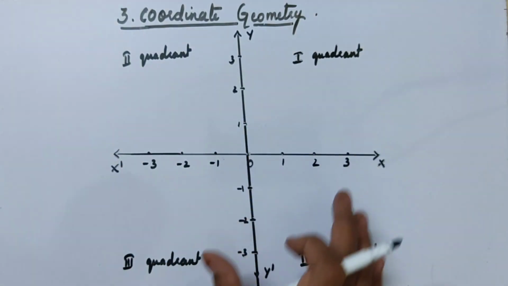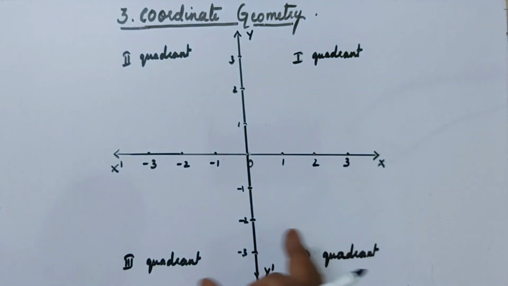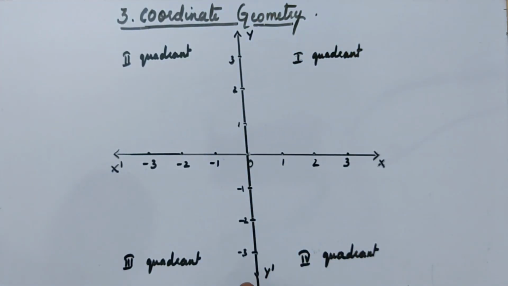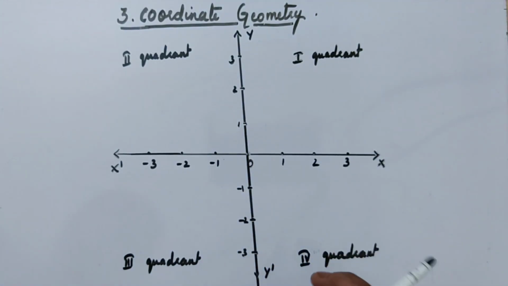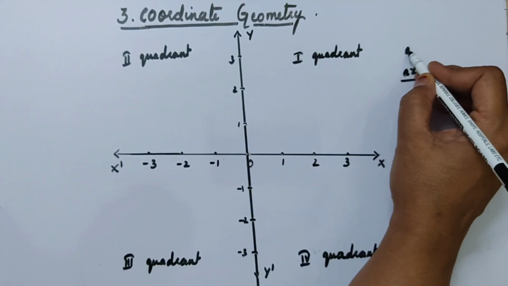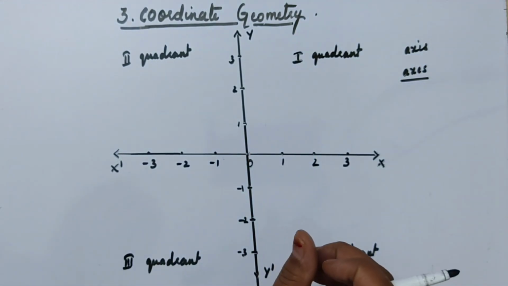So this plane is called the Cartesian plane, or we call it the coordinate plane, or we say XY plane. These axes are called coordinate axes. Axes, A-X-E-S, is the plural of axis. Understood, students? Is this clear to everyone?